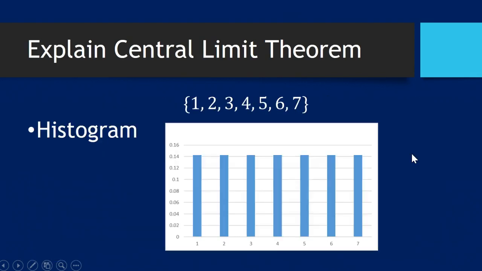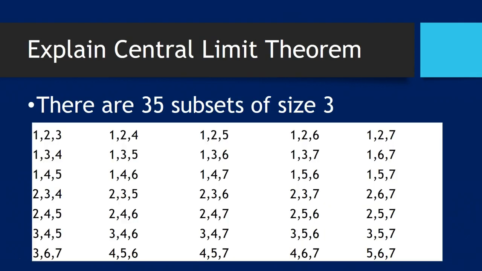So again, take a step back. If I'm picking a single number out of that set, I get a flat histogram. If I pick 3 numbers out of that set, what can we know about these 35 sets? One natural thing to do would be to look at the average of each of those subsets.